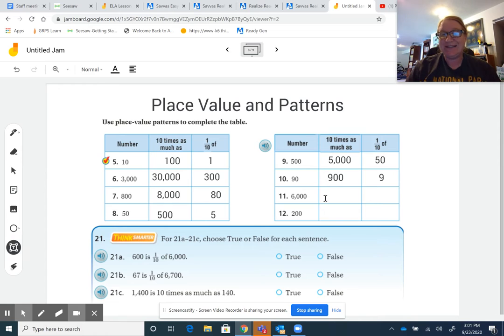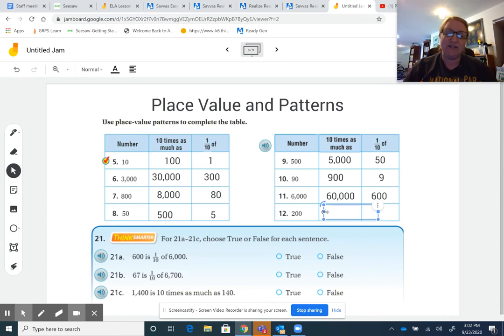Great. What about 6,000? 10 times as much as 6,000, or 6,000 times 10 would be 60,000. And 1/10 of 6,000 loses a 0. So instead of 3 zeros, it's going to be 2 zeros, and that gives us 600. And then the last one there, number 12, is 200.